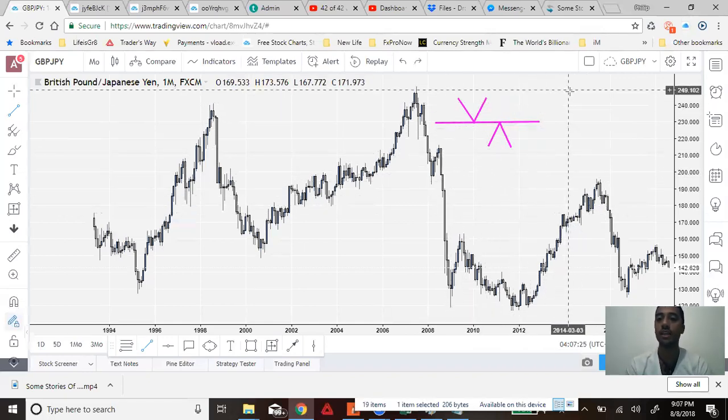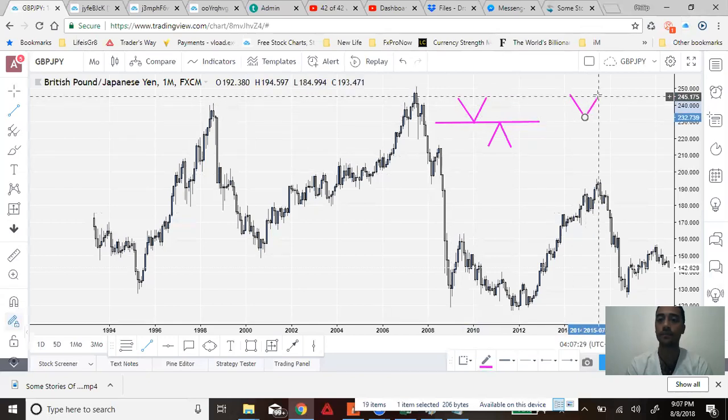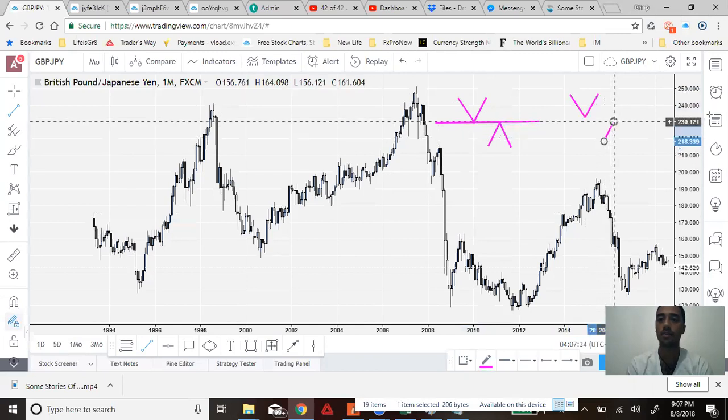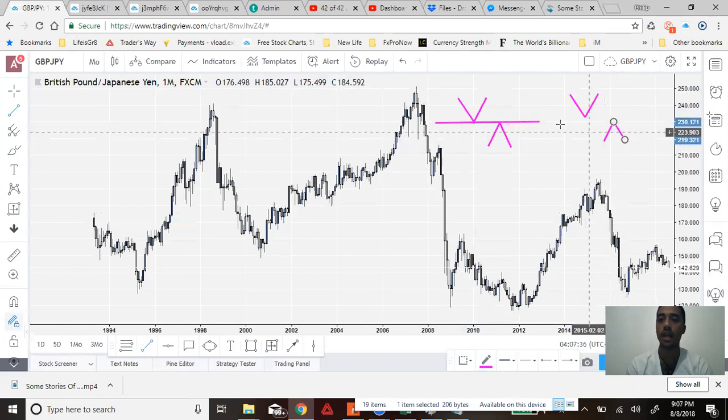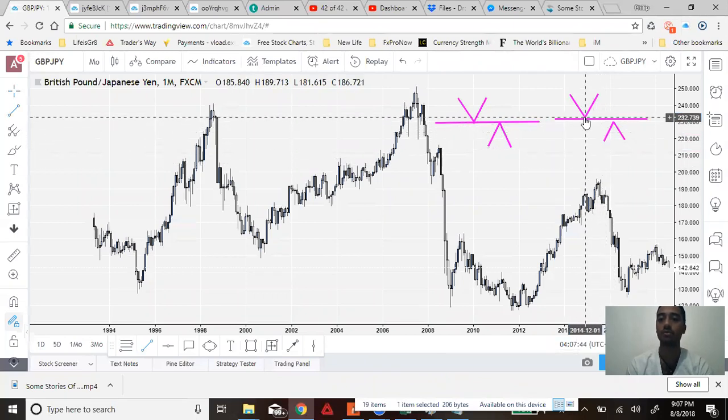Next one will be a gap, okay? So we'll have this, then we'll have this, and there'll be like a gap in between, right? I think it's not really a gap, but it's a gap.